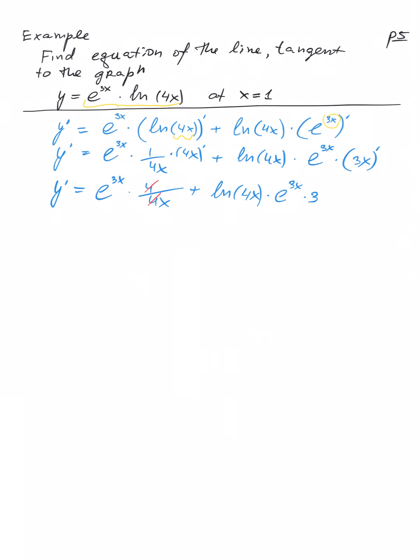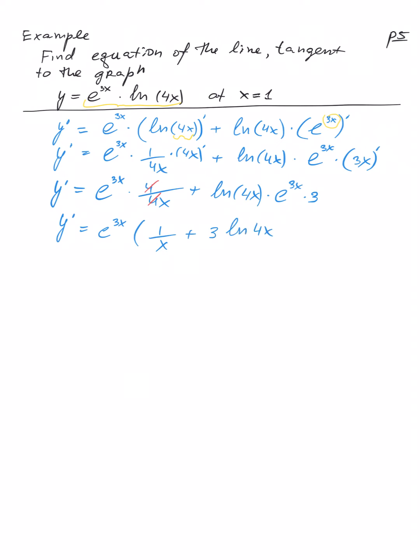Let's see. Okay, so what I have, y prime equals e to the 3x. I can bring e to the 3x out. That's not a bad idea. What I'm left with here, 1 over x plus 3 times ln of 4x.